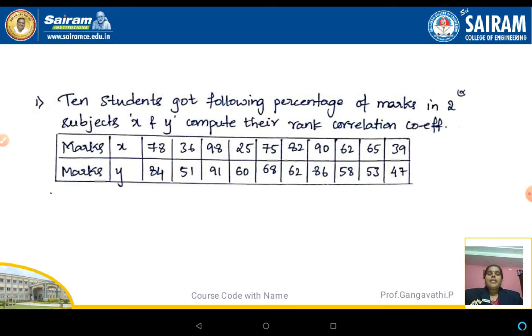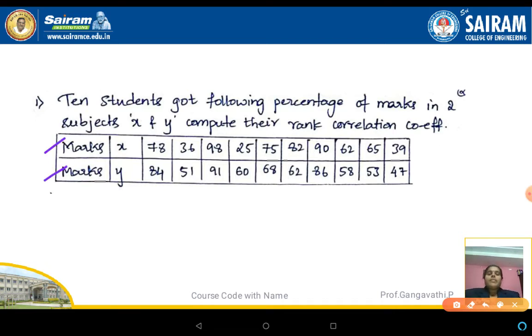Now let us see another example. 10 students got the following percentage of marks in two subjects X and Y. Compute their rank correlation coefficient. Here too, the marks of 10 different students in two different subjects have been given. Let us take this as subject 1 and this as subject 2.